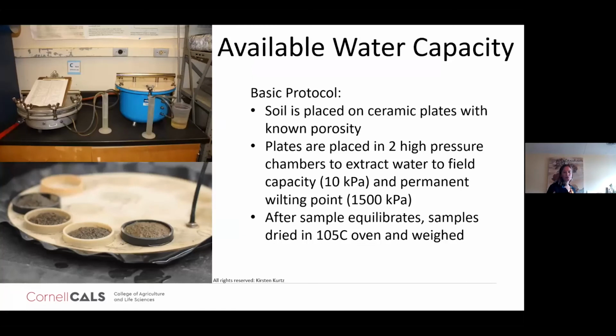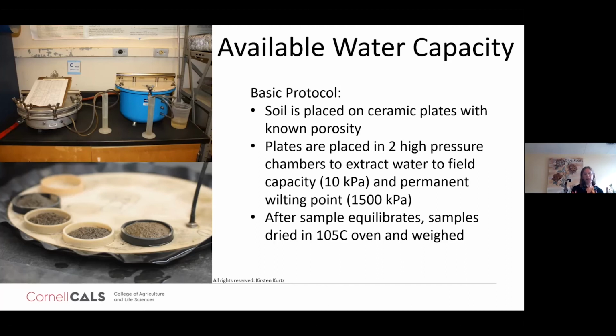And the way that we measure this in our lab, again, very standard, is that we use these ceramic plates that have a known porosity. So we have two different pressure chambers. You can see here on the screen, the upper picture there is what these pressure chambers look like. The field capacity pressure chamber extracts water to 10 kilopascals, and then the permanent wilting point is 1500 kilopascals.